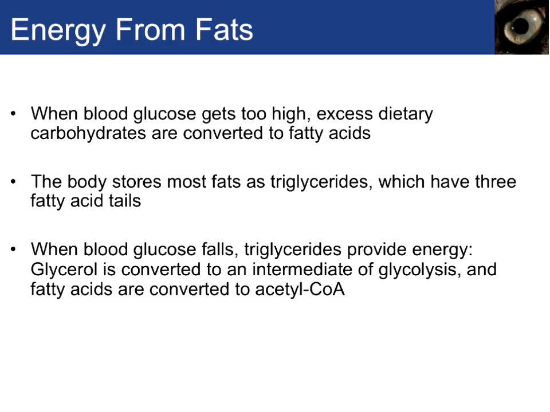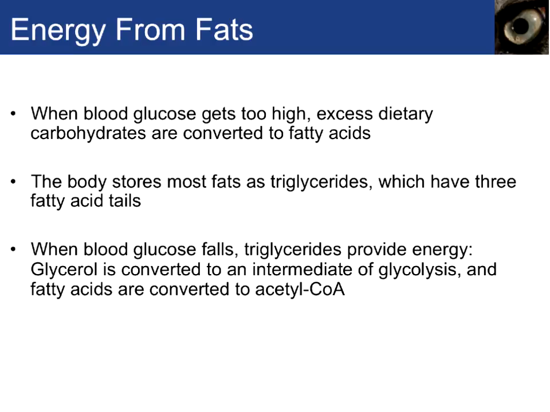Your body gets energy from fats that you ingest or that you have also stored. If you don't have enough glycogen to support your energy needs, your body can also use some of the other stuff that you eat and also the fat that you've stored. When blood glucose gets too high, excess dietary carbohydrates are converted to fatty acids, and the body stores most fat as triglycerides.